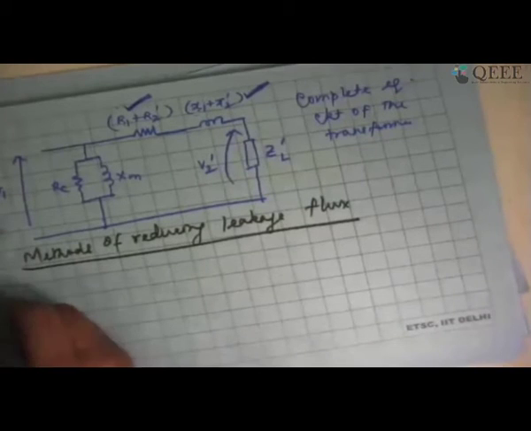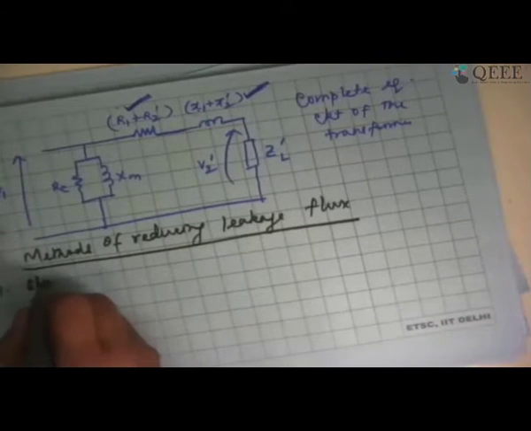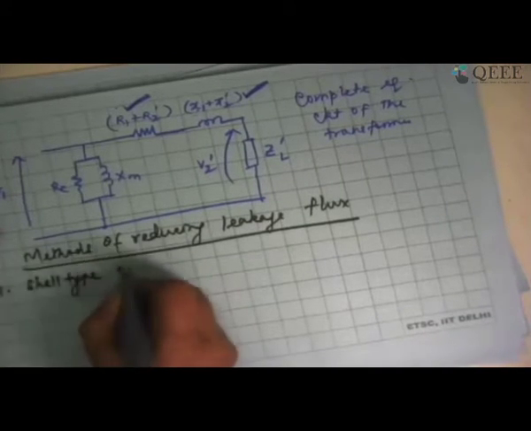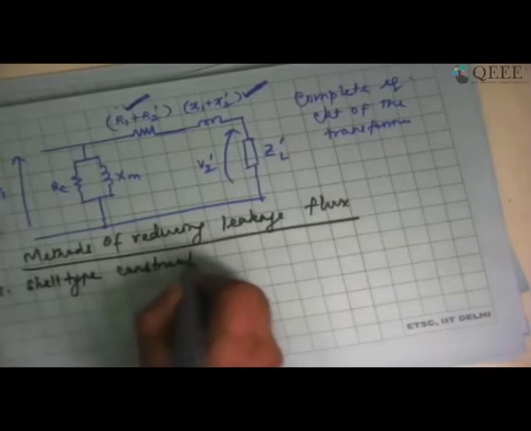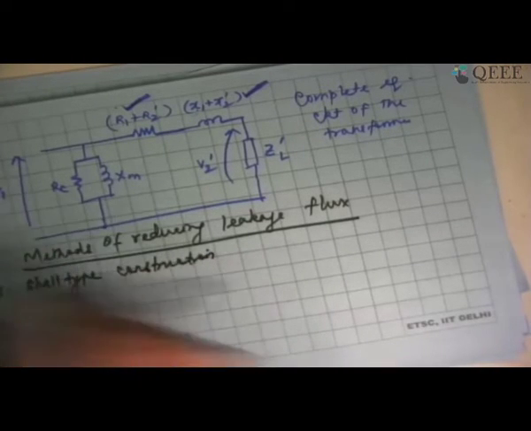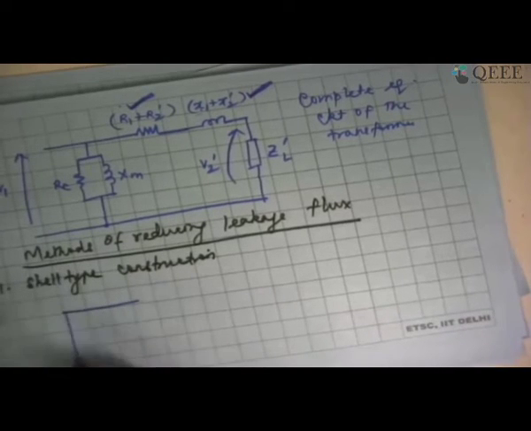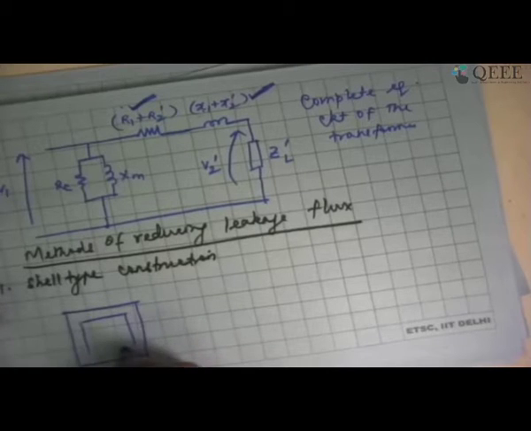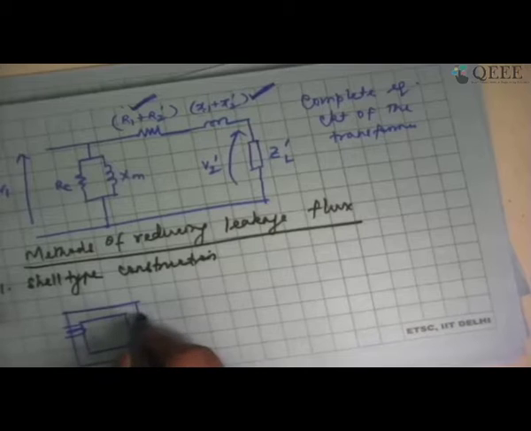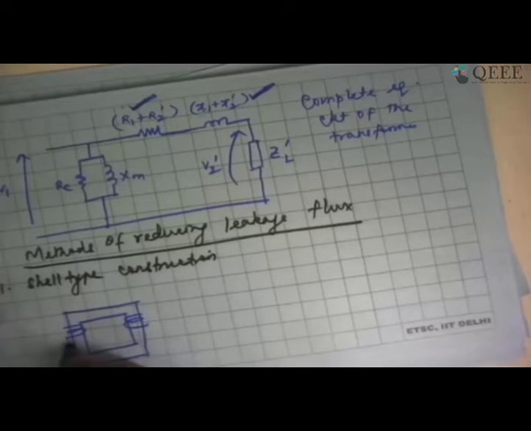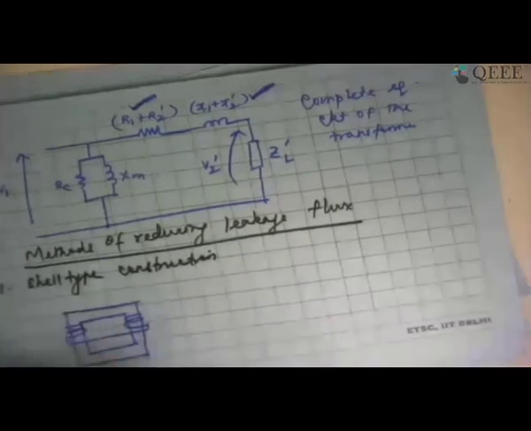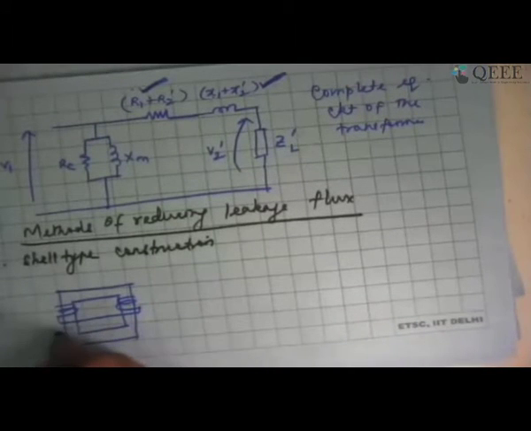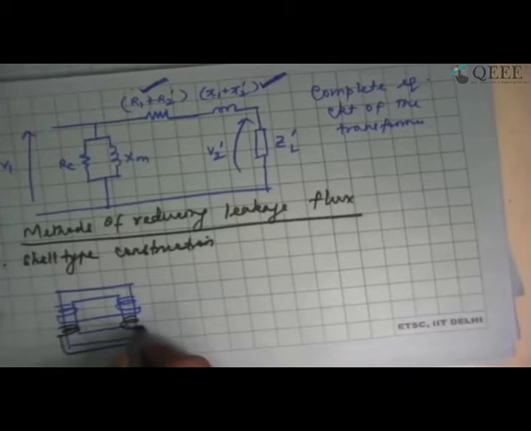The first and foremost method is to use shell type construction. In core type construction, I am essentially going to have my core like this. Primary and secondary are not wound in different limbs. I can have portions of the primary, and these two can be connected in series. The secondary will also be wound in the same way, and then again I will connect them together.